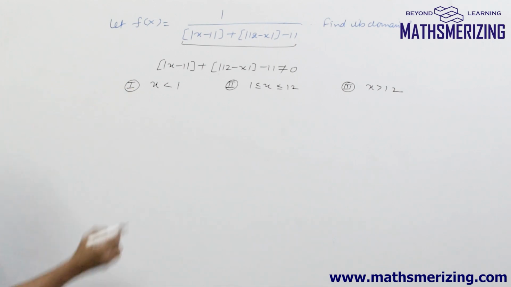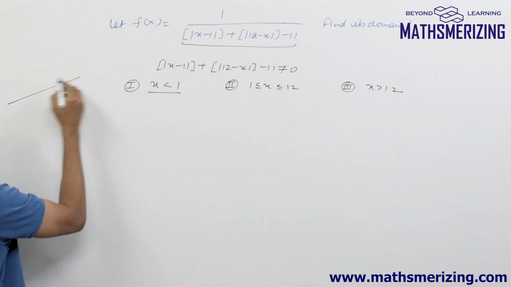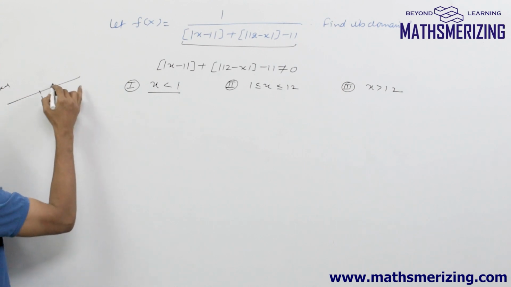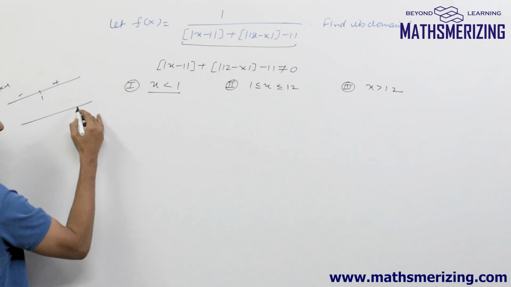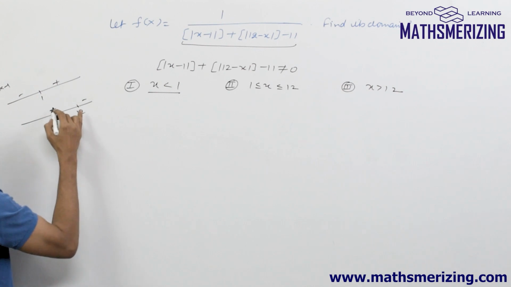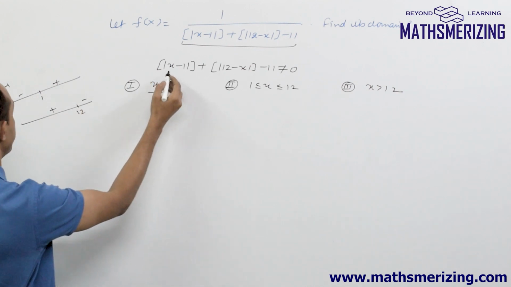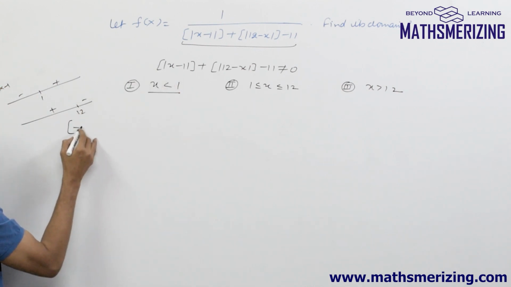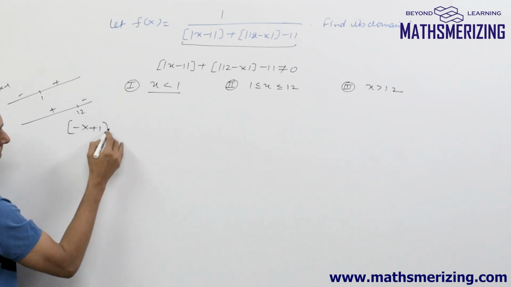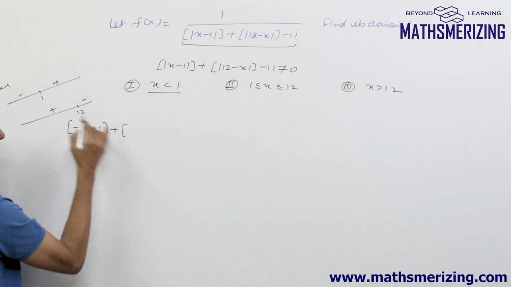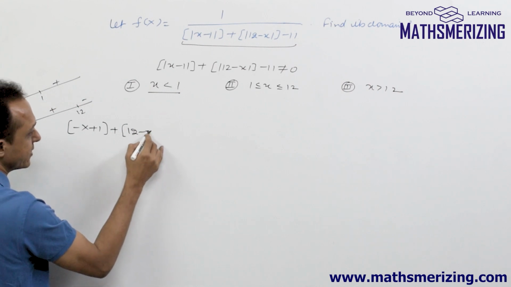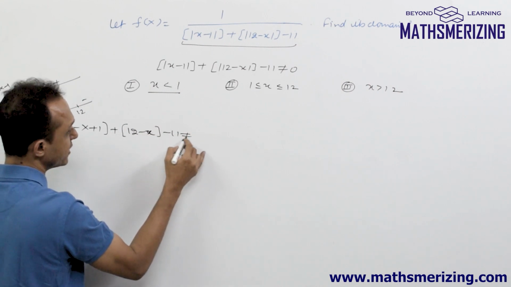Now for the first case, when x is less than 1, I know that for x minus 1, its sign changes at 1, so this is plus and this is minus. And for the next one, 12 minus x, this is minus and this is plus. So the first expression will be negative, so it will be minus x plus 1, and then 12 minus x will be positive, so there will be 12 minus x, and then minus 11, and it should not be 0.